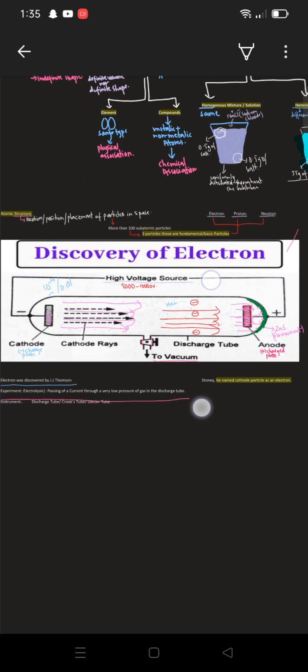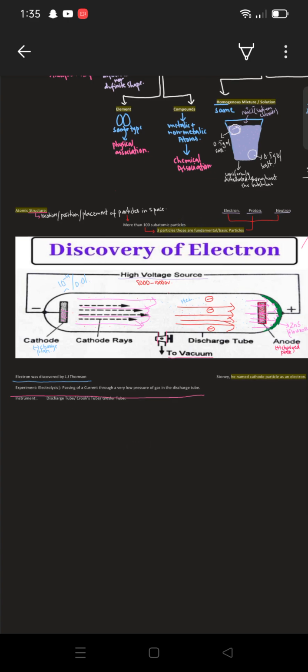So this was the discovery of the electron in the discharge tube, or you can say the Crookes tube. In the next video we are going to discuss the properties of the cathode particle.